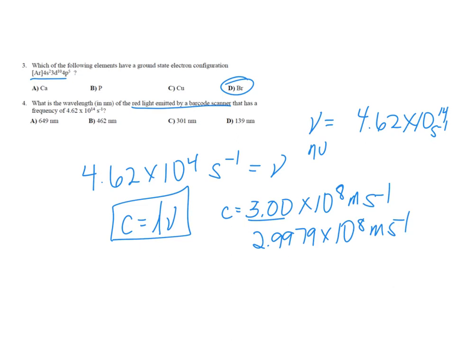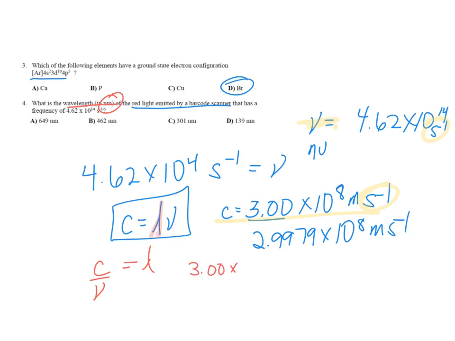And since we are matching the units here for c, we don't have to manipulate the nu. And so you want to isolate the wavelength because that is the question, the wavelength, and it wants it in nanometers. So wavelength equals c over nu.